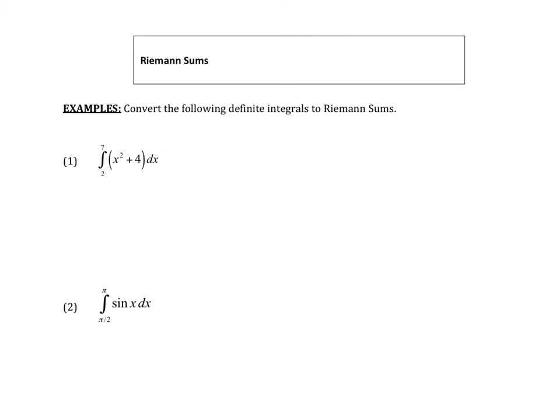Okay, let's put this in simpler notation. If I want to find the area under the curve using a Riemann sum, what I need to do is take the sum from 1 to the number of rectangles of my function evaluated at a plus b minus a over n.